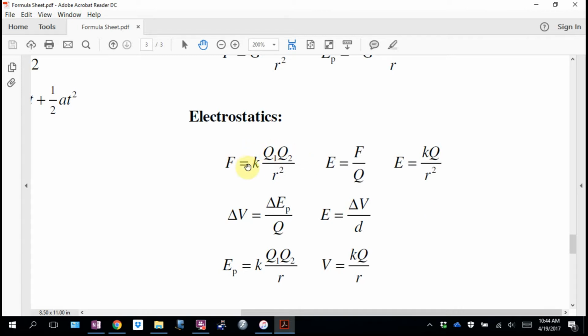Here I have F equals K Q1 Q2 over R squared. Here I have E equals K Q over R squared. Here I have E equals K Q1 Q2 over R. Here I have V equals K Q over R. One of the strategies you want to use is to almost train your eyes to look at the right place for the right equation when it's in your mind, so you don't get these mixed up.